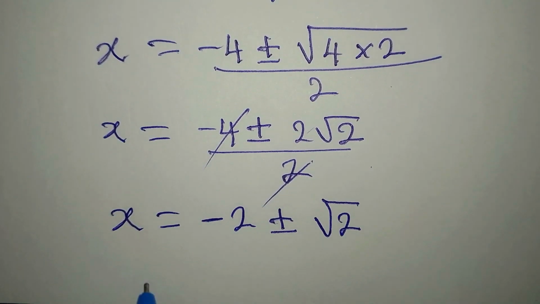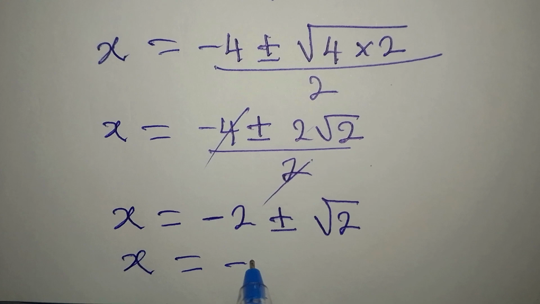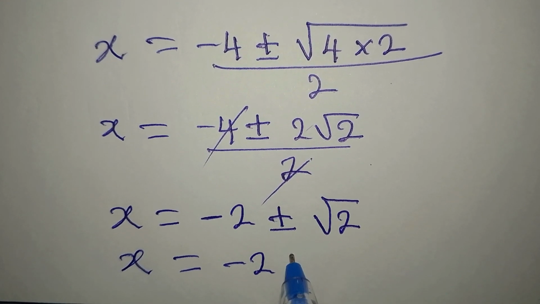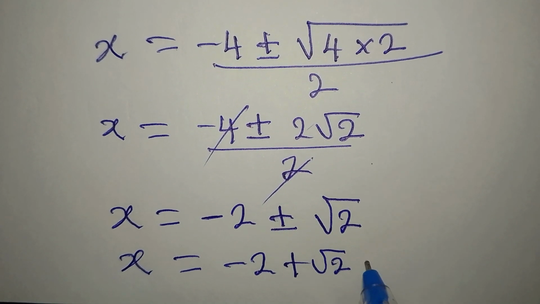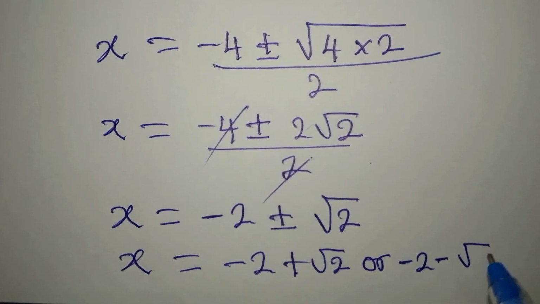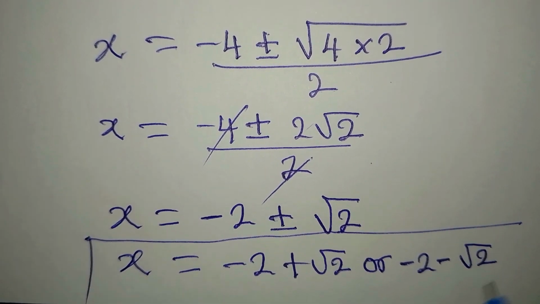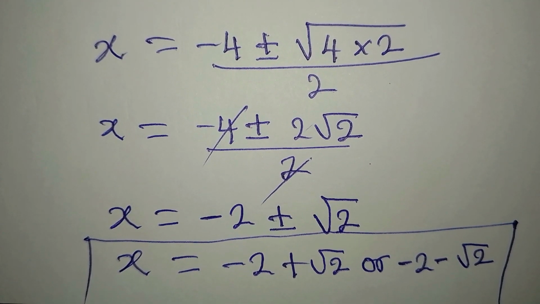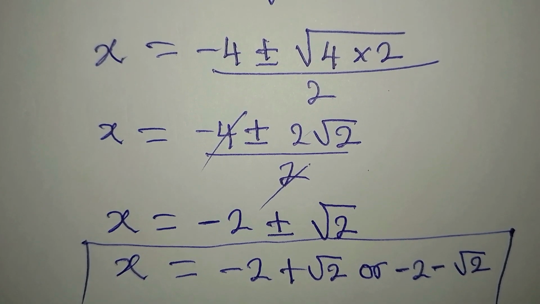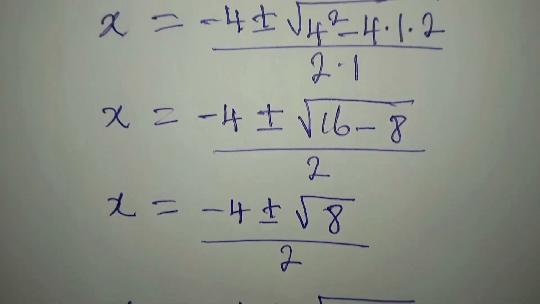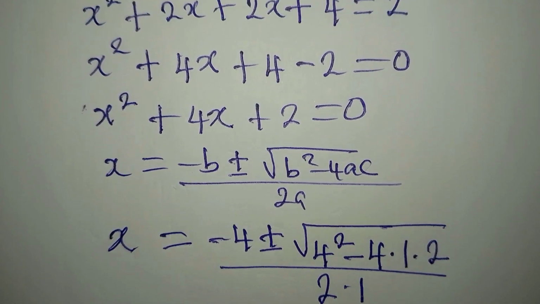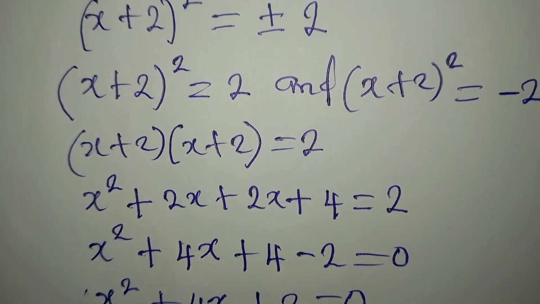So this means that x is equal to -2 + √2, or -2 - √2. So from here we have two solutions to the equation. But like I said, I'll be going straight to the other equation, which is, let's take a look at that.